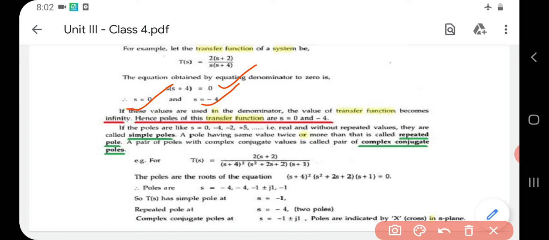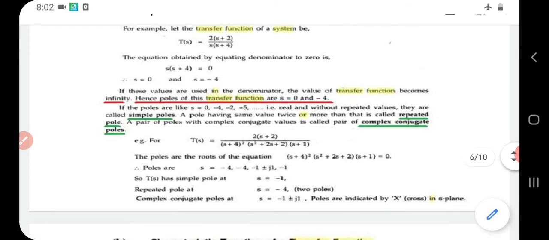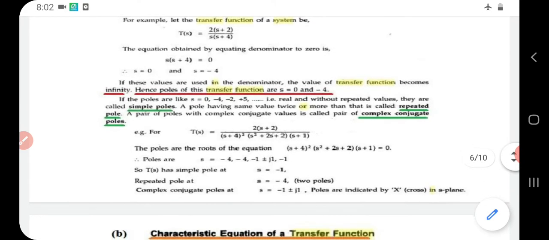When you put those values in the denominator, it becomes 0, so the transfer function will be infinity. So s equal to 0 and s equal to minus 4 are the poles of the transfer function.